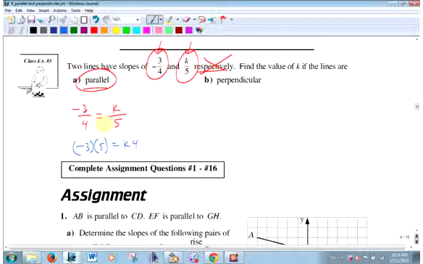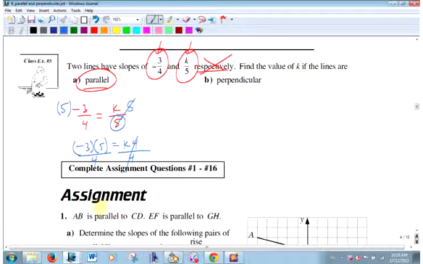The big kid way is, I want k by itself. I've got to get rid of this 5. Let's multiply both sides by 5, cancel it out. So I have 5 times negative 3 over 4. Well, what happens if I divide this by 4? I get the same thing, don't I? So either way, I want k by itself.